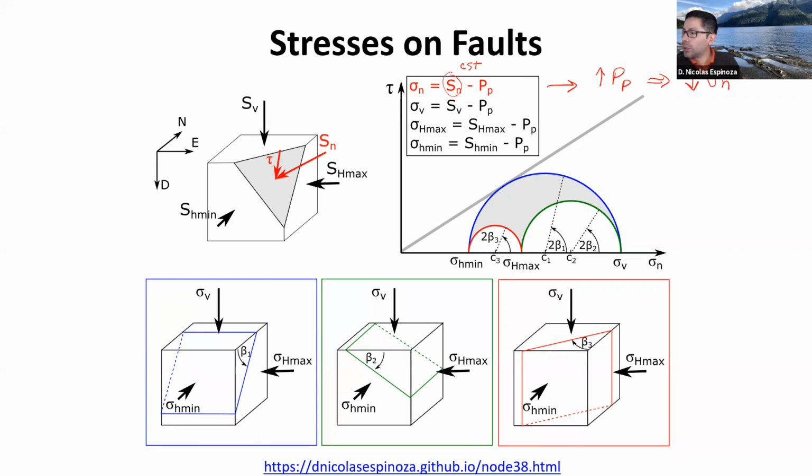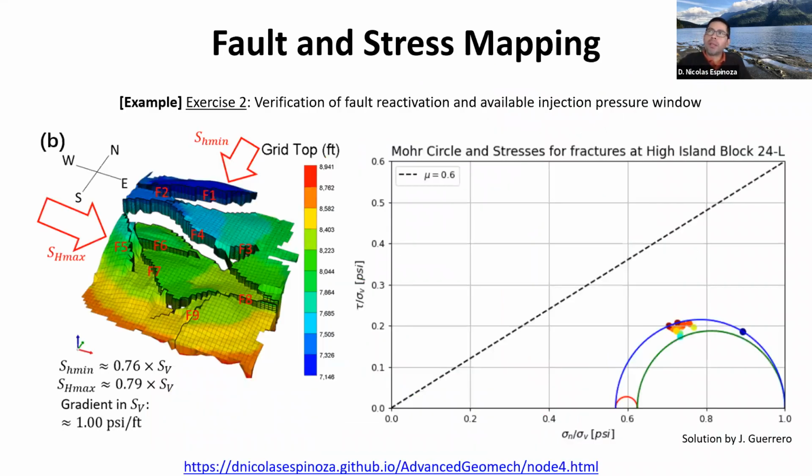And what this is going to do is move this Mohr circle to the left, because the effective normal stress is going to decrease. Depending on the orientation of the faults, we will get to know which faults might be more likely to reactivate in shear or not. For example, this is an assignment that we do in my advanced geomechanics class.